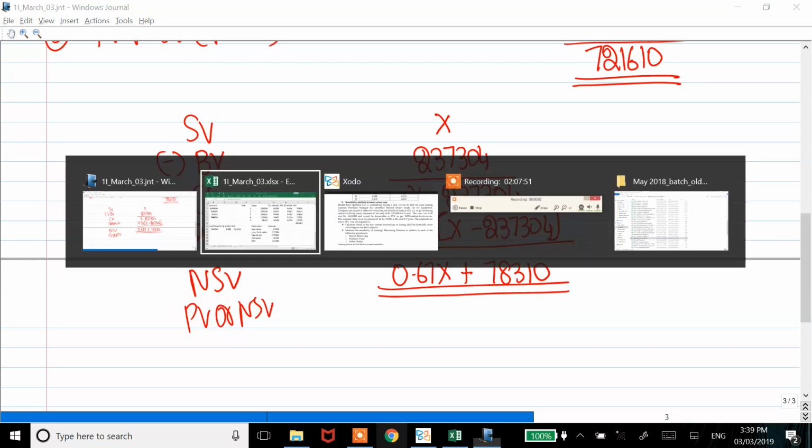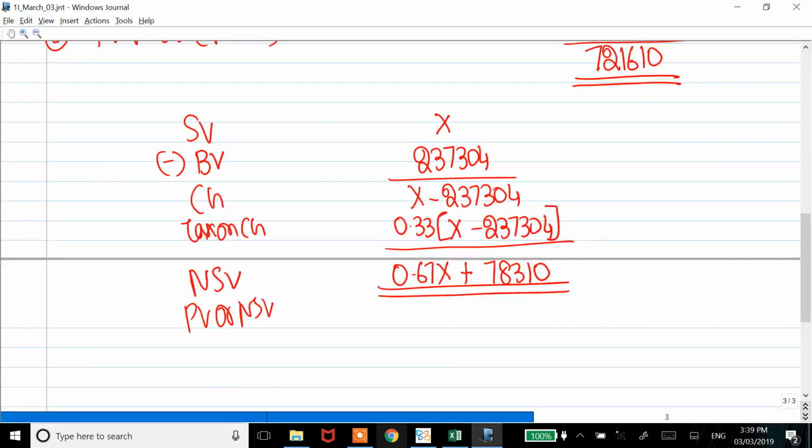And present value of NSV, the discount rate was 0.679. So 0.67 into 0.679, 0.455x plus 53,172.